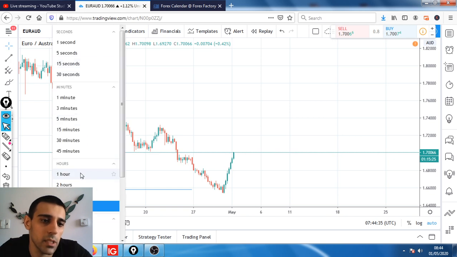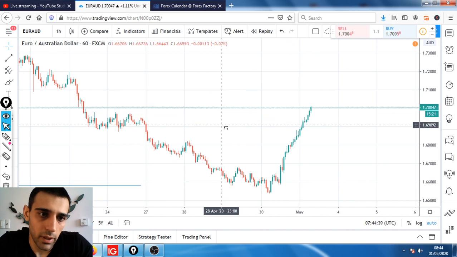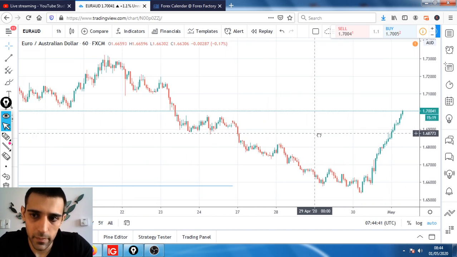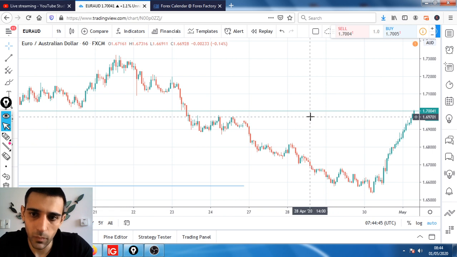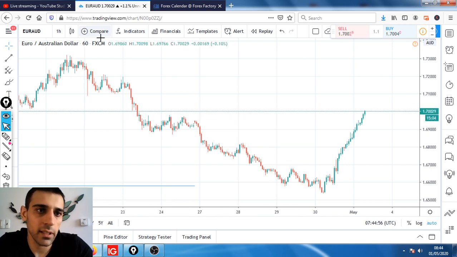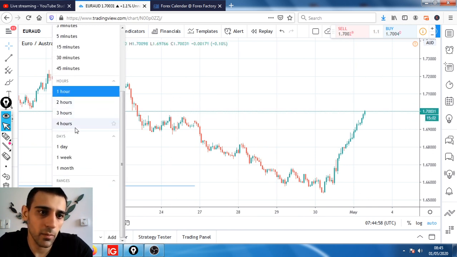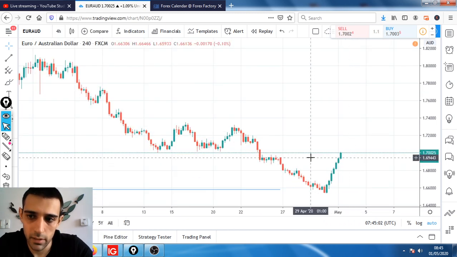Let's go to the 1-hour time frame and see what we can use as the entry. So the price is at 69.70. That would be a good area to use as an entry. I think that's the same one as on the 4-hour time frame, right? No, this is a bit further down.